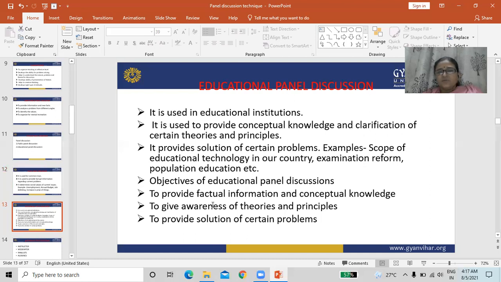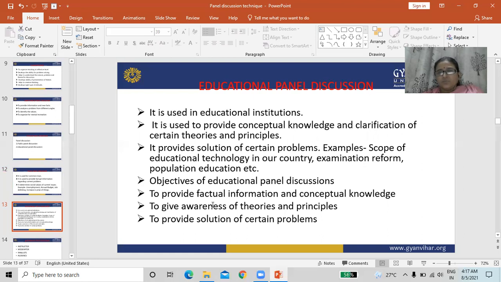It provides solutions to certain problems. Examples: scope of education technology in our country, examination reform, population education, etc.